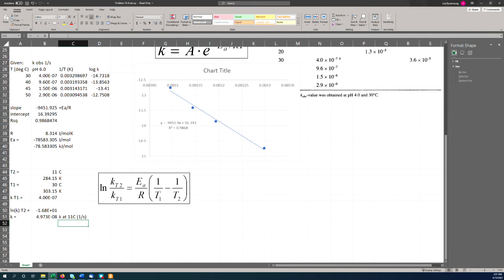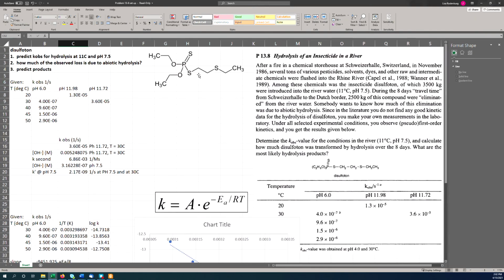Now, what happened to all the mass of this stuff? This, what is it called again? Disulfoton. Where did it go? Okay, so we started out with 3,500 kilograms. And now 2,500 of them are gone.